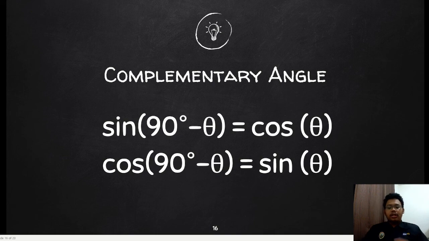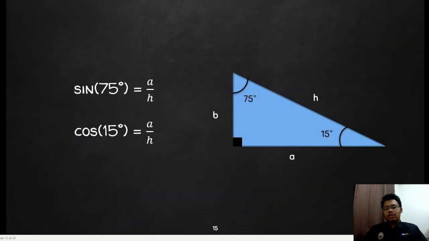Complementary angle is technically, alright, let's say I want to ask what is the cos of 75. When I say cos 75, you can also say it's sine 15. I'm sorry, I made a mistake over here.